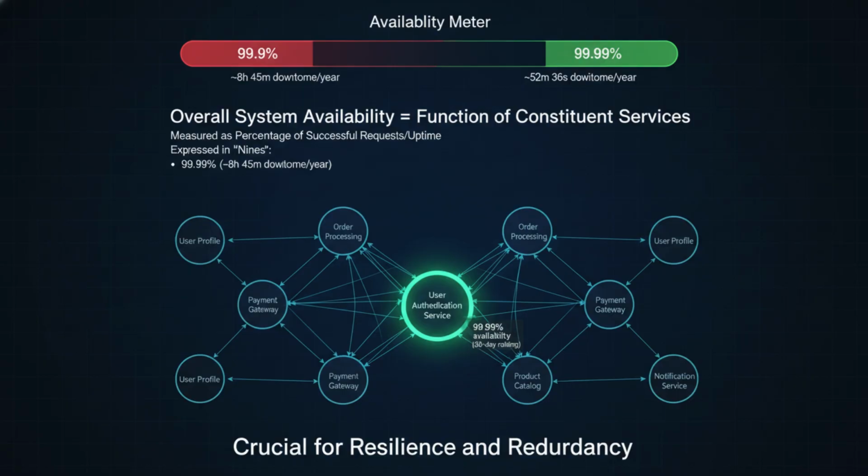It's crucial to define what constitutes available. Is it just responding to a ping or successfully processing a critical transaction? A clear definition prevents false positives and ensures the availability metric truly reflects the user experience. By focusing on availability SLIs, teams can engineer for resilience, implementing strategies like retries, circuit breakers, and load balancing to maintain high uptime even when individual components experience transient issues.